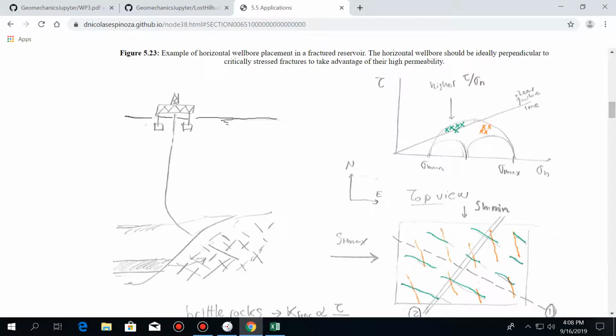That's one of the theories proposed by Mark Zoback: fractures close to shear yield will be more hydraulically conductive. In some places it doesn't hold, but for most brittle rocks it does.